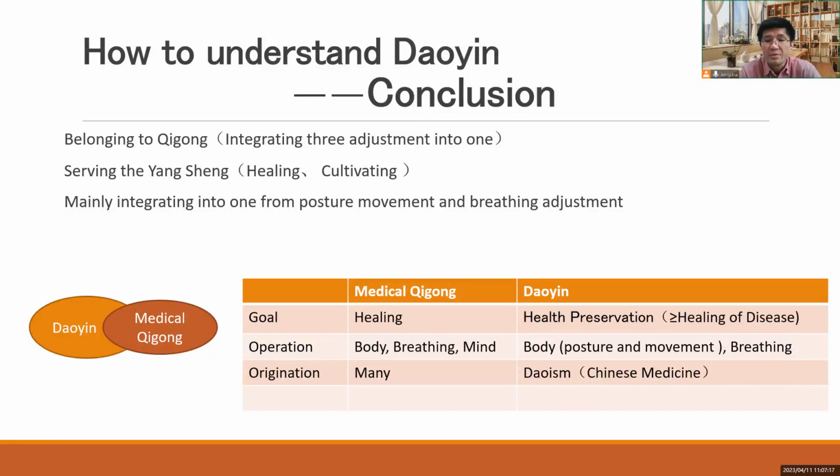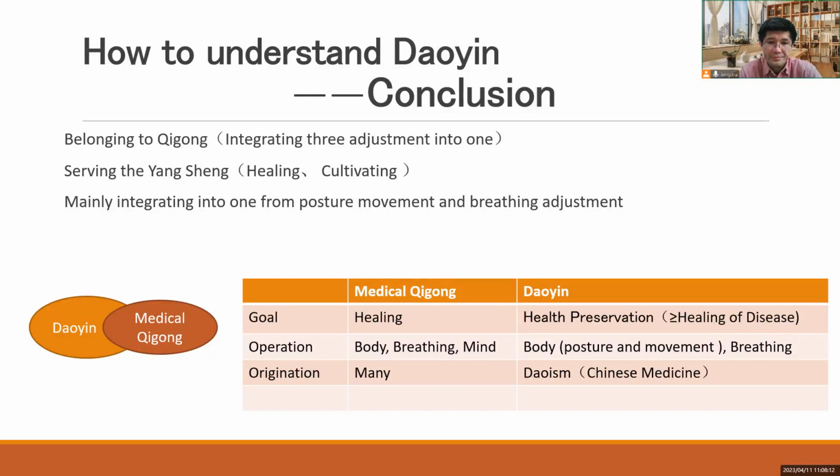So here is a simple illustration of the connection and the distinction between medical qigong and Daoyin. From these tables, it can be seen clearly that many Daoyin instruments come from posture movement and breathing adjustment, but medical qigong can come into the state by body, breathing, and mind adjustment, and its only purpose is healing.